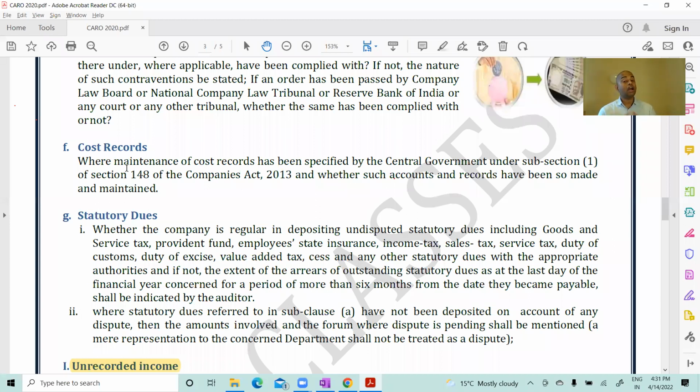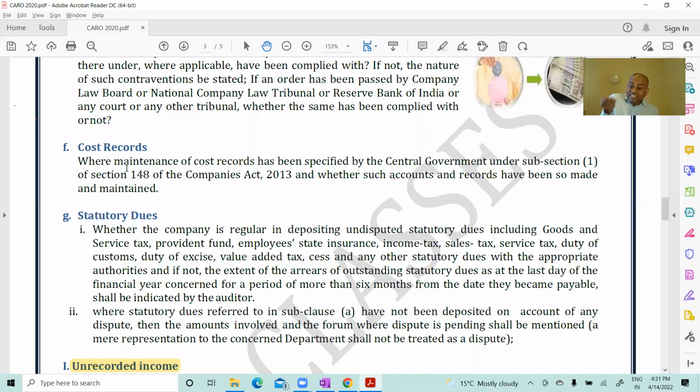If they are due for a period of 6 months or more on the date of the balance sheet, the auditor will prepare a box in the audit report. This statutory due of 2 crores is to be paid on this day, due for 7 months, and the company has not yet paid. Like that, you prepare a table.